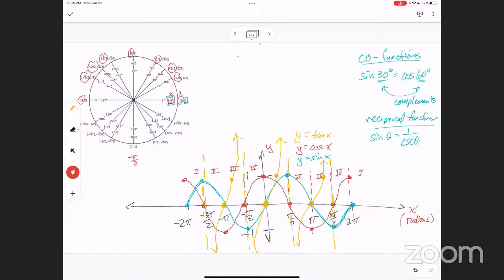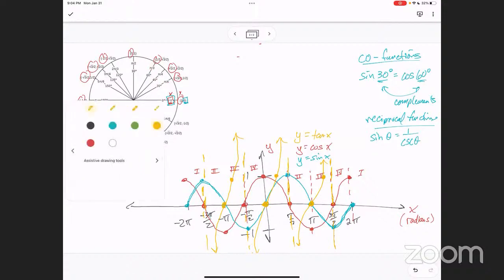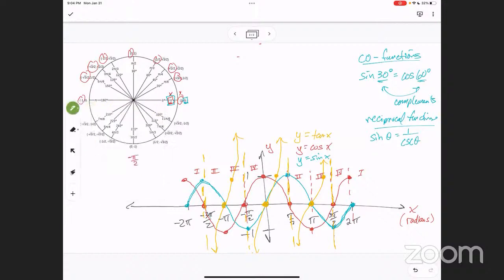But now you can also take the cosecant graph. If you want to do the cosecant graph, and I won't do it for all of them, I'll just do the cosecant. The cosecant graph is the reciprocal of the sine. So I look at the blue, and wherever the blue went through 0, there's an asymptote, right?